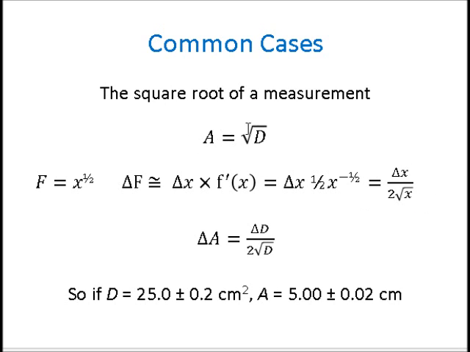So in terms of the symbols we start out with, delta A equals delta D, that's the measured quantity, over 2 root D. So if D is 25.0 plus or minus 0.2 centimeters squared, then the square root of this is 5. Right? But the uncertainty would be 0.2 over 2 times 5, or 0.02 centimeters.